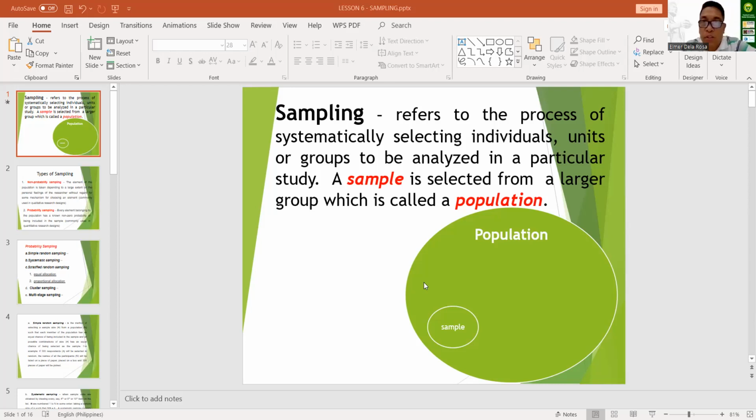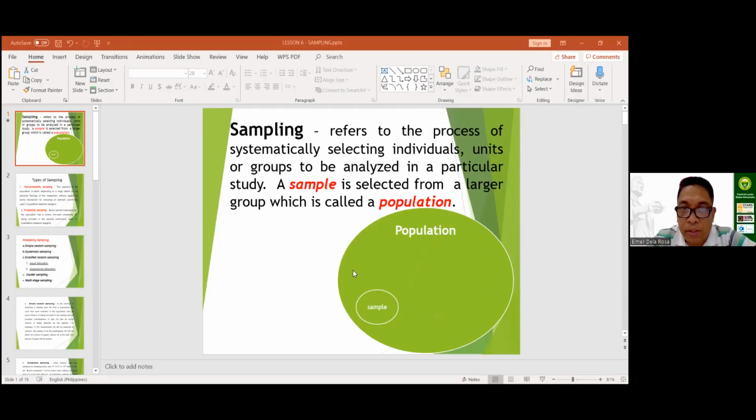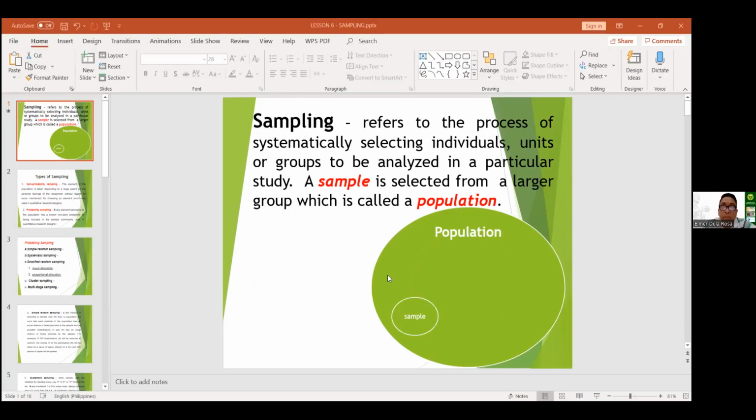So as you can see in the illustration that I have here, I have two ovals. The bigger oval represents the population, and the small part of that is a sample. For practical purposes, we cannot study the entire population. So for example, your population involves all students in region 3.